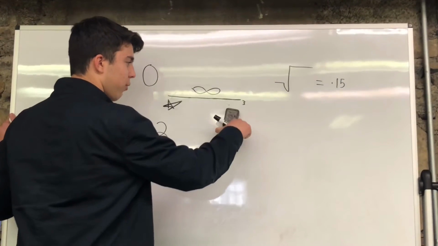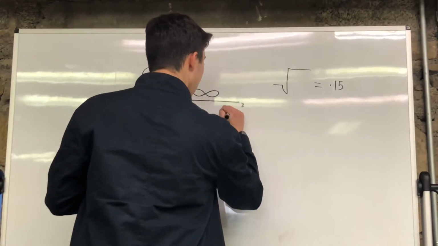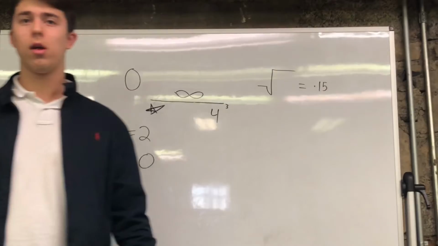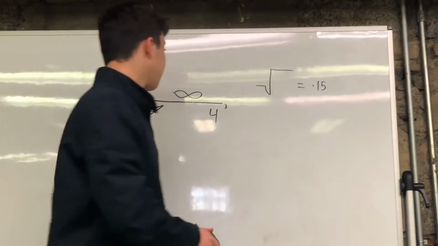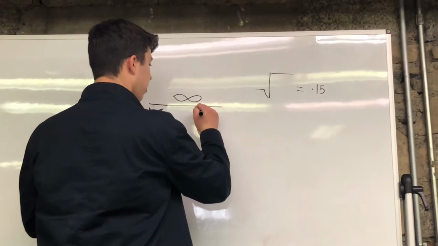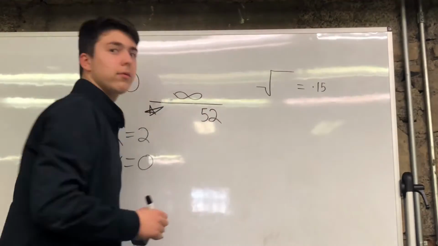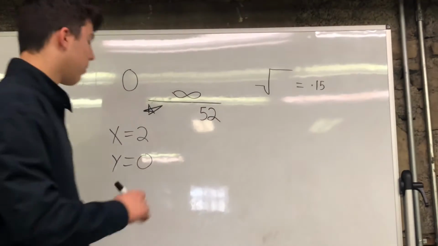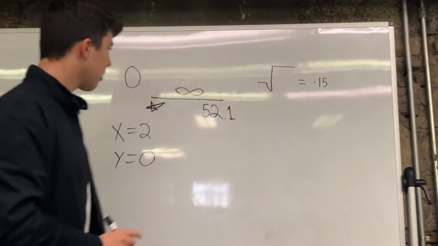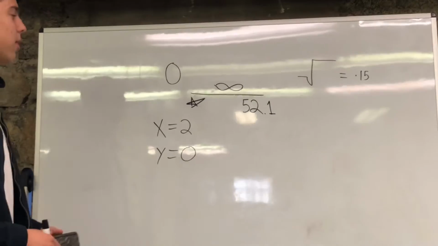With the square root of 3. So what's that? 4 times 4 times 4. So 4 times 4 is 16. 16 times 4, 52.1. Oh, I forgot. Don't forget. 52.1. Okay.